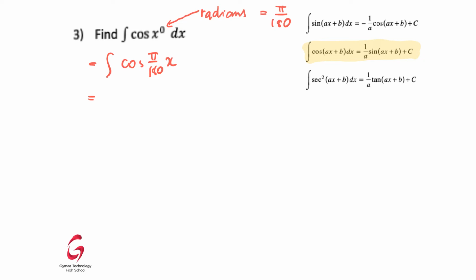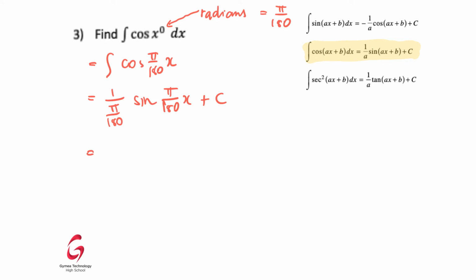It says when we're integrating cos, we're going to get 1 over that x value. The x value this time is pi on 180, sine pi on 180 x plus c. We've really just got a bit of tidying up to do here.